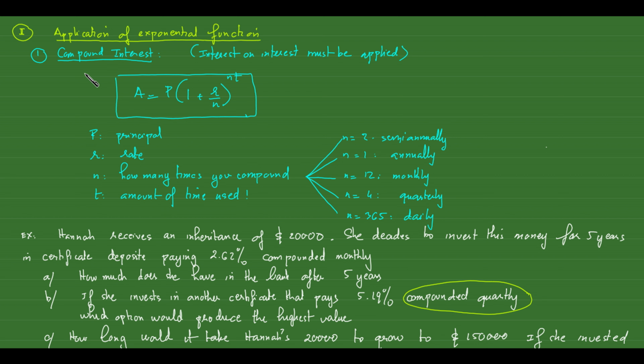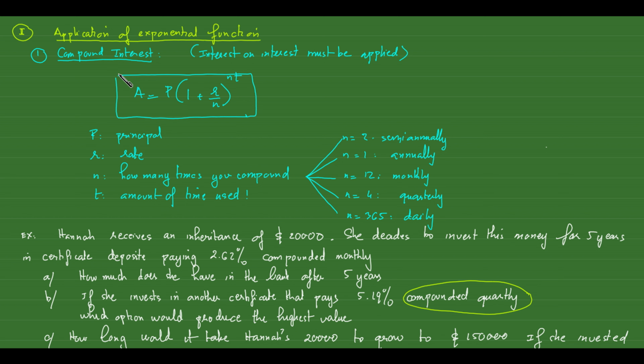One application of exponential functions is to calculate compound interest. What is compound interest? Maybe some of you already heard the term simple interest. When you put $100 in the bank and that bank pays you 1%, every year you get 1% of that 100, so after the first year you have 101, and after the second year you have 102.